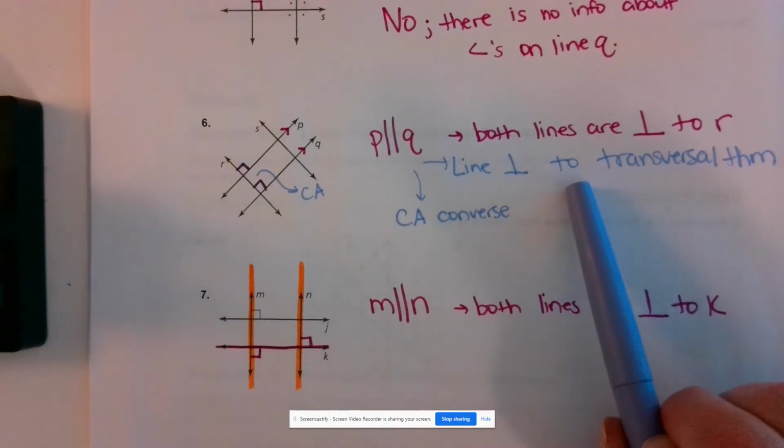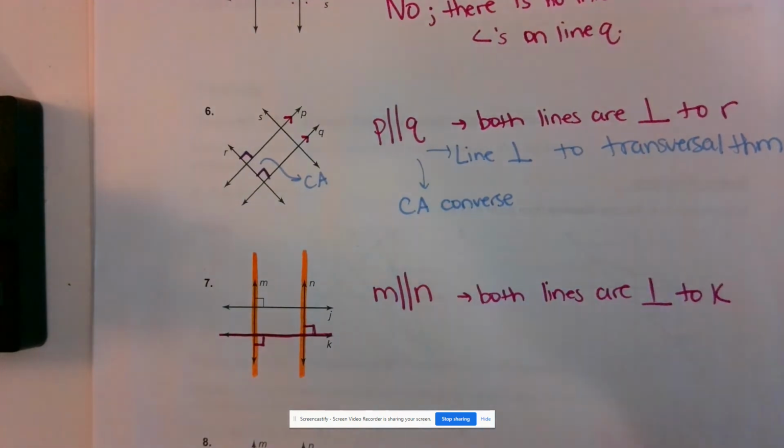The lines perpendicular to a transversal theorem would be the proper name for that theorem.